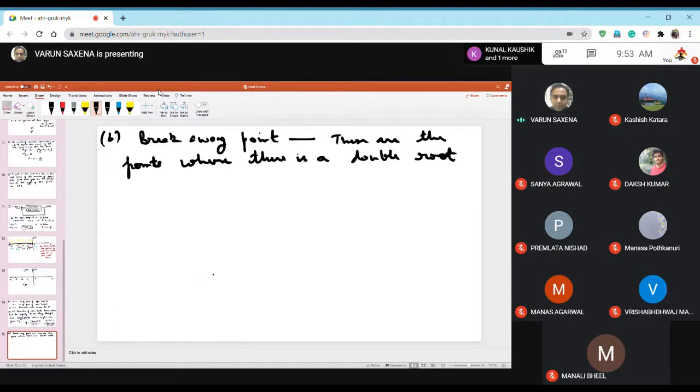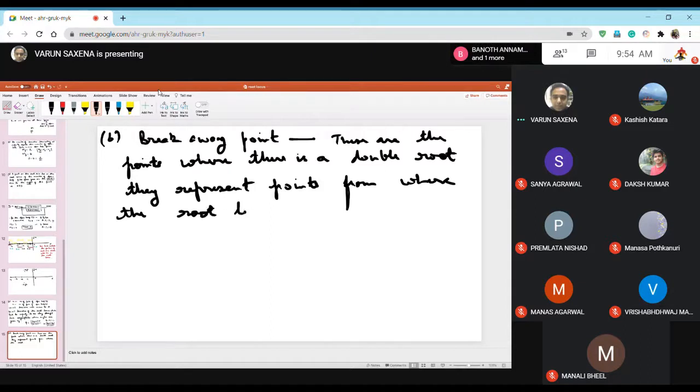There is a double root, and they represent points from where the root locus shoots off to the general S-plane.